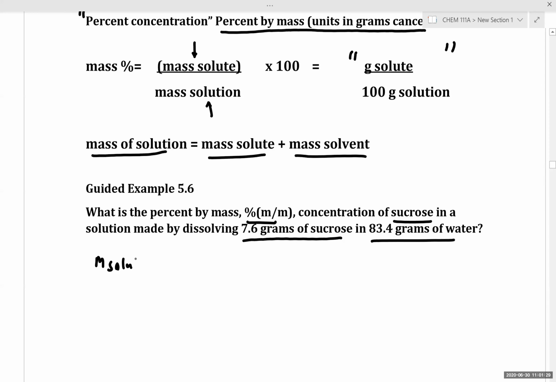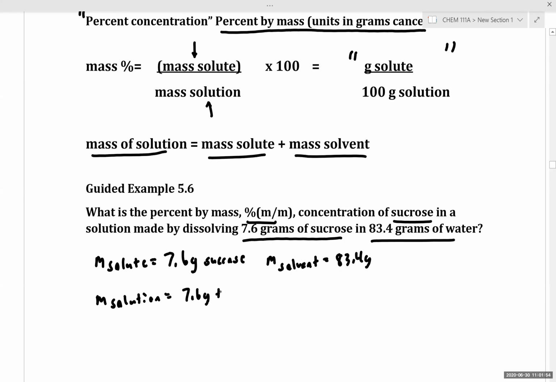Okay, so I'm just gonna label my units. The mass of my solute is 7.6 grams of sucrose. The mass of my solution, whoops, let's start with solvent. Let's do this step by step. The mass of the solvent is 83.4 grams. And as a result, the mass of our solution would be the mass of our solute plus the mass of our solvent, which gives us 91.0 grams.